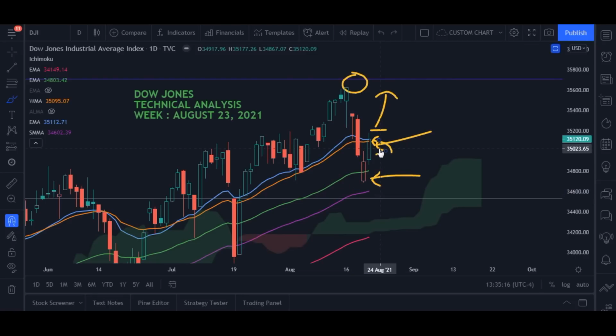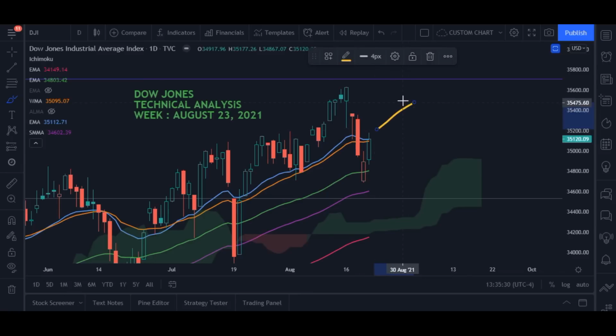Now if we do the technical analysis, first we have the moving averages. Because the market closed on the daily basis above the moving averages, on the bull side of the moving averages, it looks like the market is still in the bull trend. But Monday will decide the fate of the market.